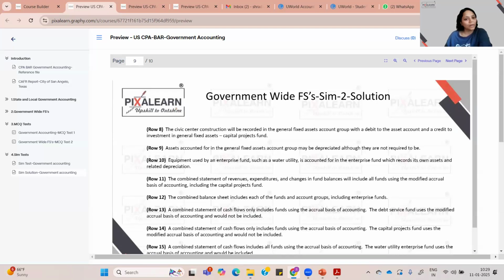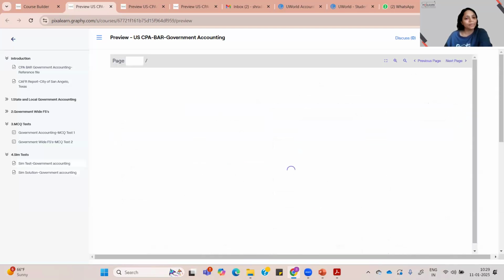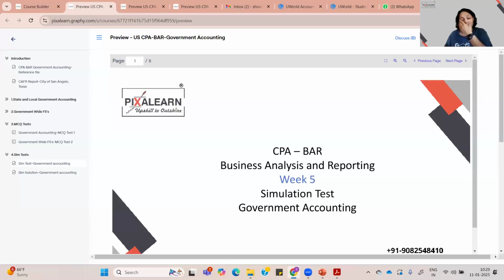I think I made a mistake here; this was a solution that I was opening. This will be the test. So SIMs would be normal PDFs because I don't have the interface to give you a SIM test like the AICPA. MCQs would be normal MCQs, and SIMs will be PDF questions. You solve it at your end, and next week I'll give you the solution also, uploaded on the platform. Is that okay?